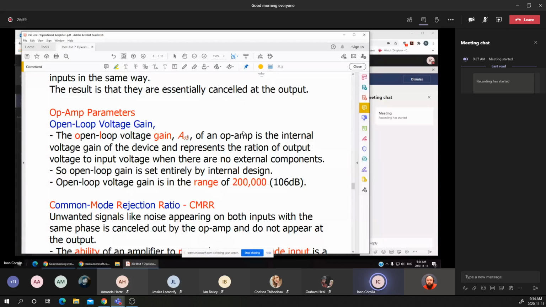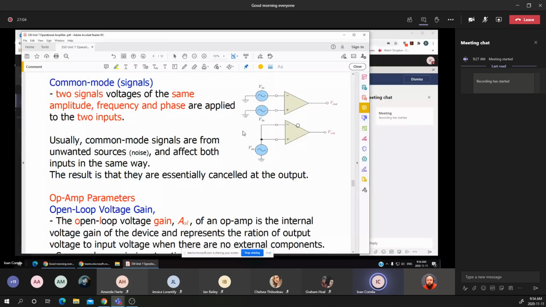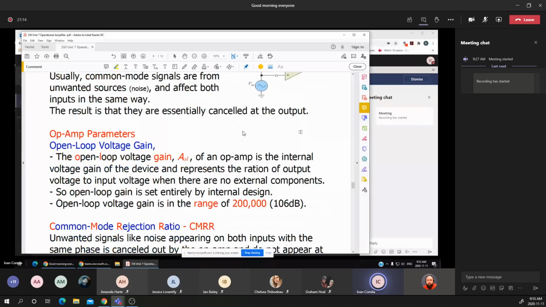The A is for the gain, OL is for the open loop. Means that it is defined by internal components, or the internal design of the op-amp.